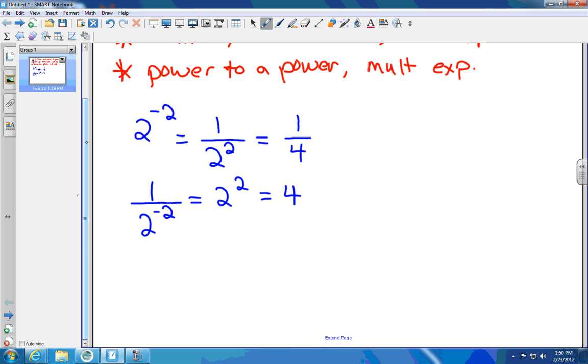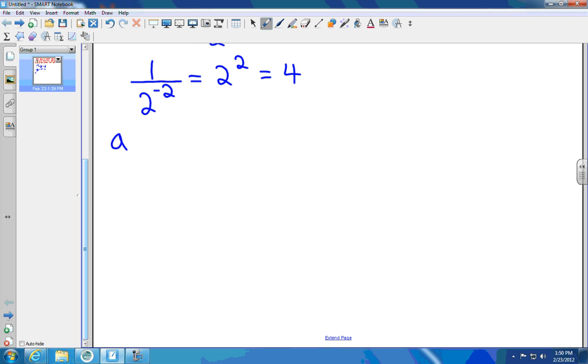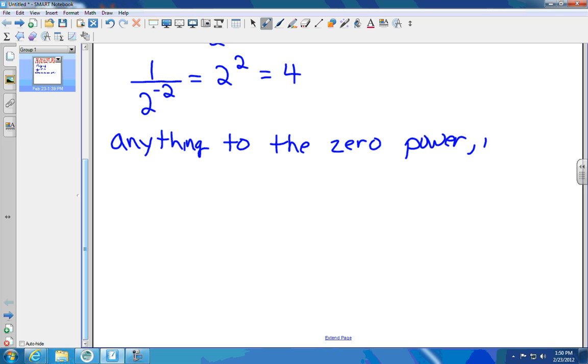The rule for 0 is pretty simple. Anything to the 0 power is 1.